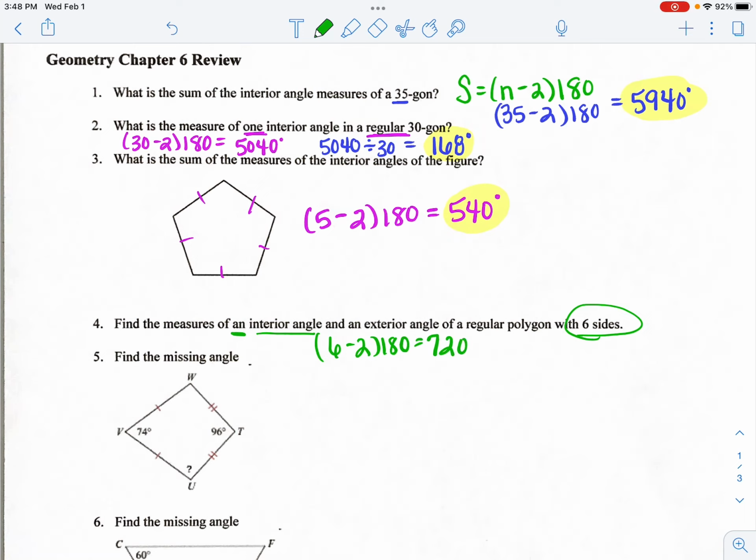But if I want one angle, I would need to divide that by how many sides there are, which gives me 120 degrees. So one interior angle equals 120 degrees. So that's one of my answers.